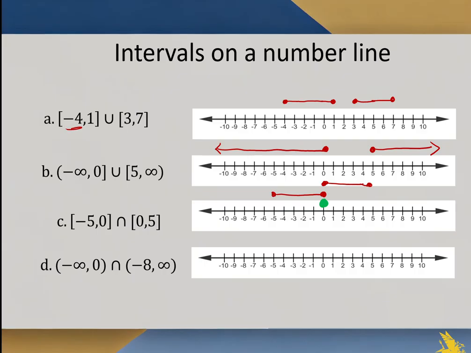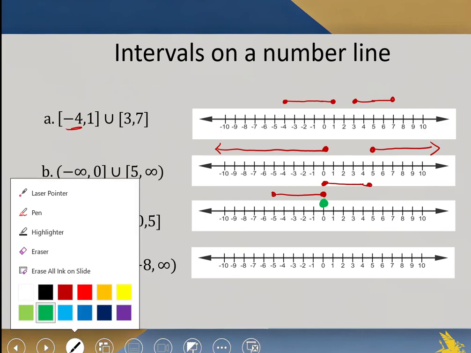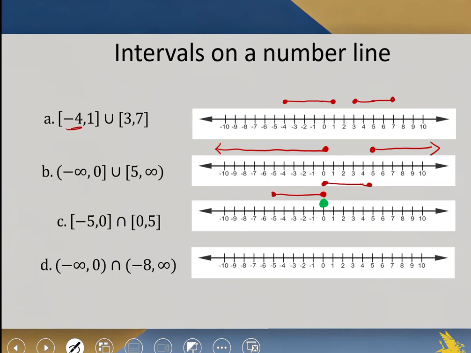The next part, I'll do two colors for this one as well. I'll just draw it out first to help me see it. So it says 0, but it's not inclusive this one, so I'll put a big circle there, all the way down to negative infinity. And intersect -8.